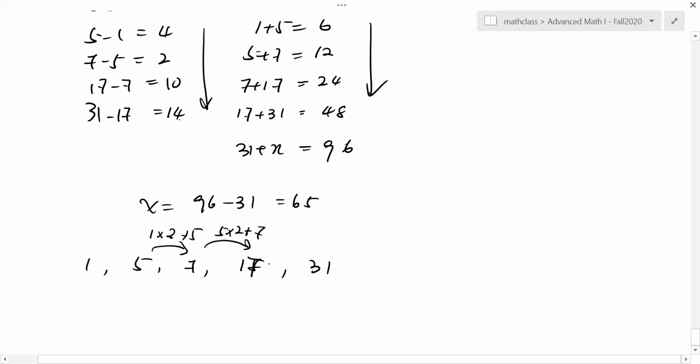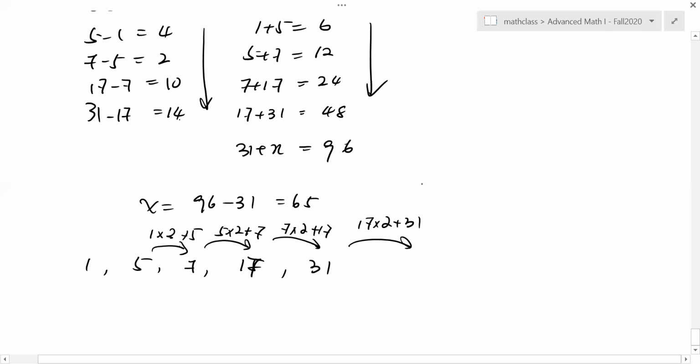So basically, there are 2 previous terms. The very first term you multiply by 2, then add the second term. So here is going to be 3 times 7 plus 17, which could be 31. Then the next will be 17 times 2 plus 31.